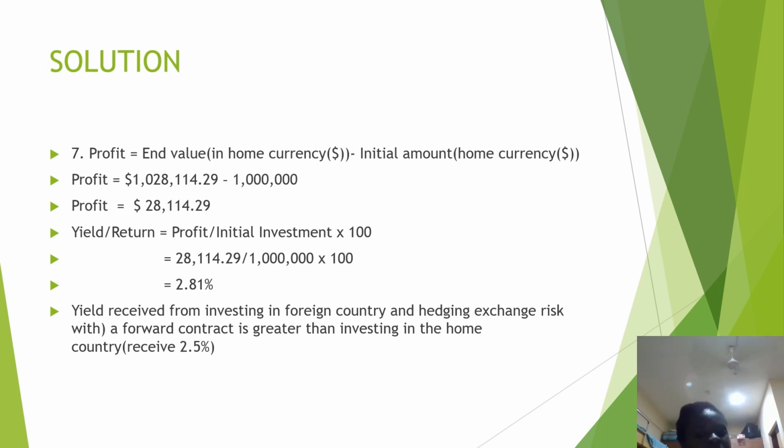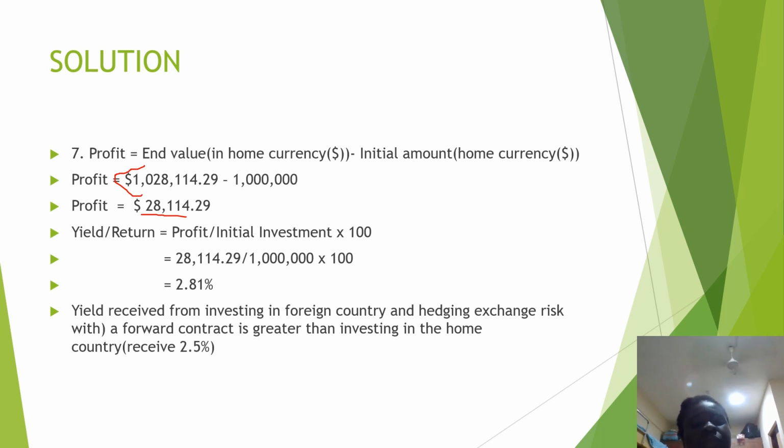All right, then the profit is the end value that you got at the end of the period in your home currency, because you're in the US, minus the initial amount invested, which is also in your home currency. So we have this amount minus the 1 million USD. At the end of the day, we'll be getting a profit of $28,104.29, right?